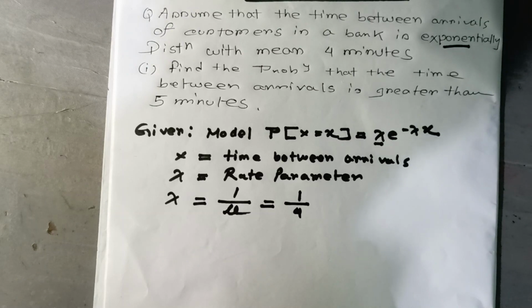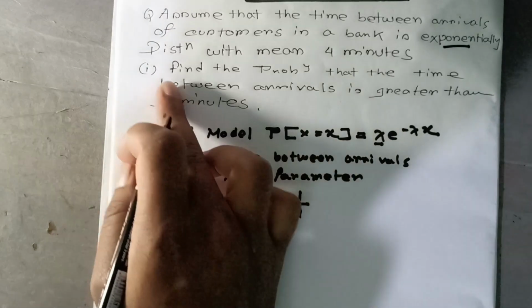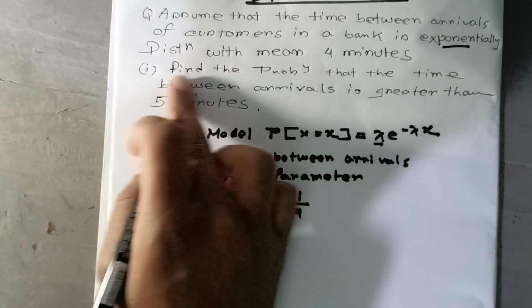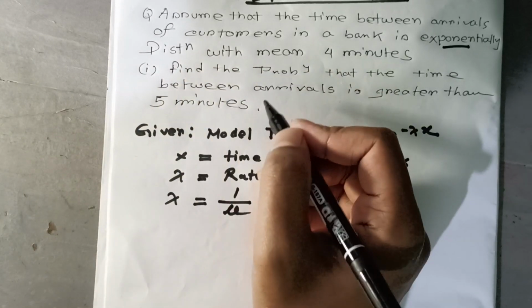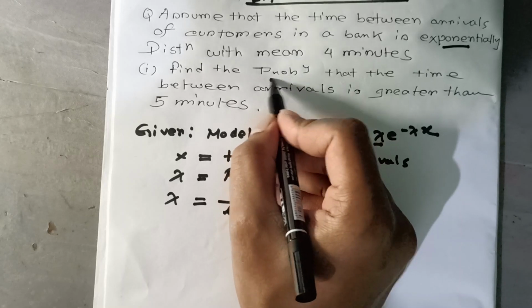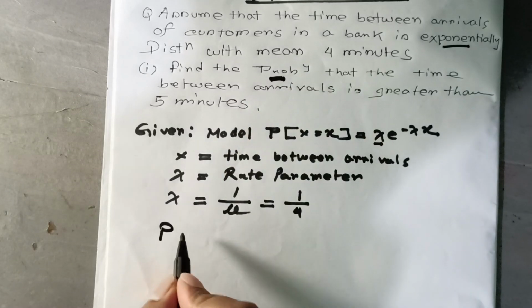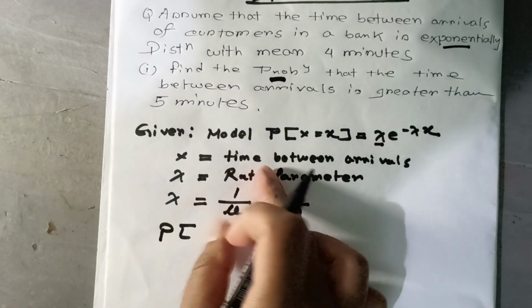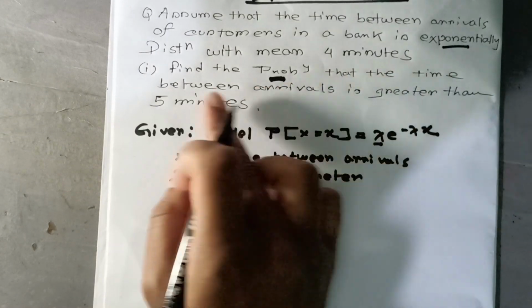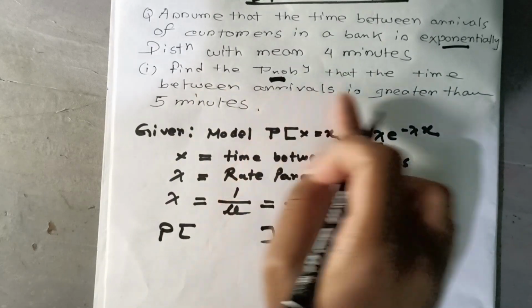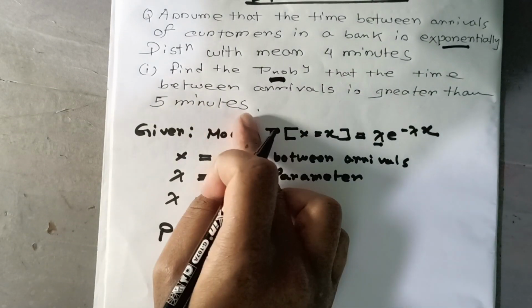Now we are ready to find our desired solution. They are asking me to find the probability that the time between arrivals is greater than 5 minutes.